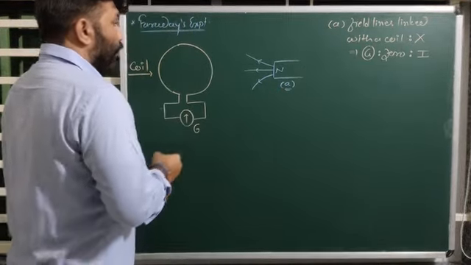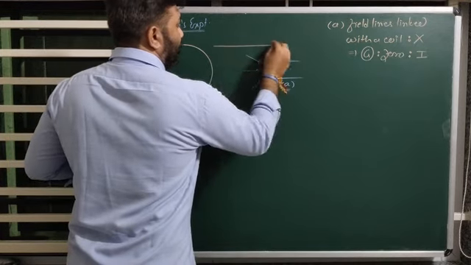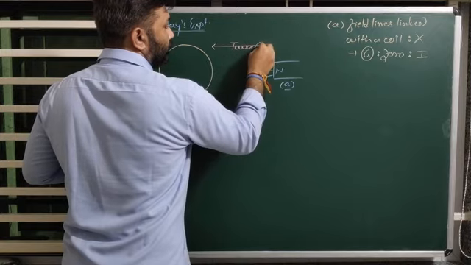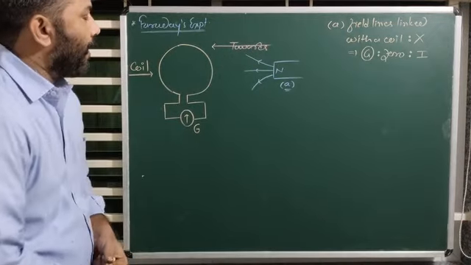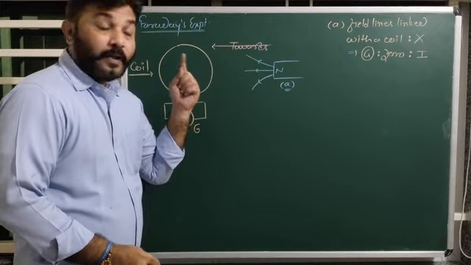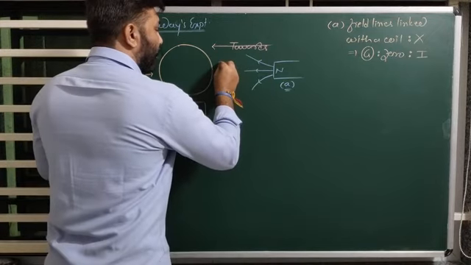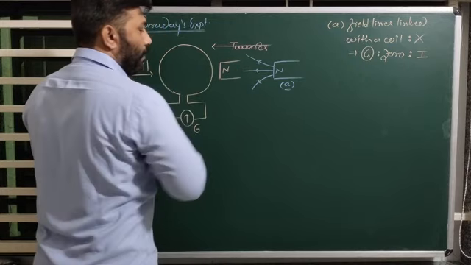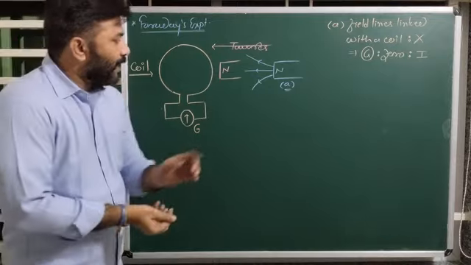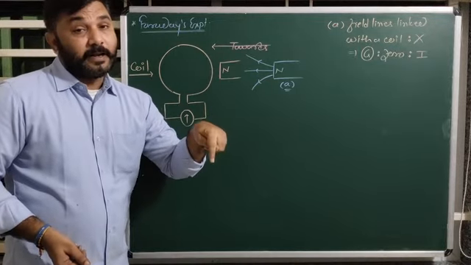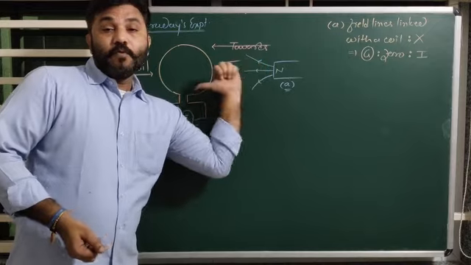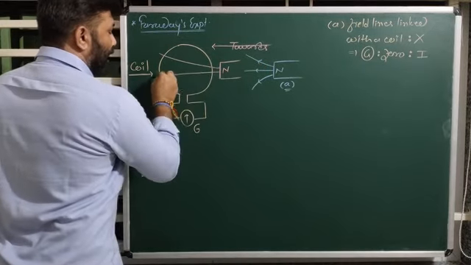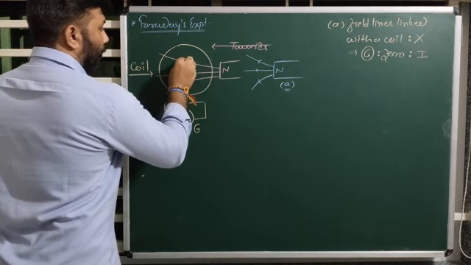Now what to do? You have to move the magnet towards the coil. After some time, the magnet will be like here. The magnetic field lines which were not linked previously, while you have moved this magnet, all got linked with a coil.